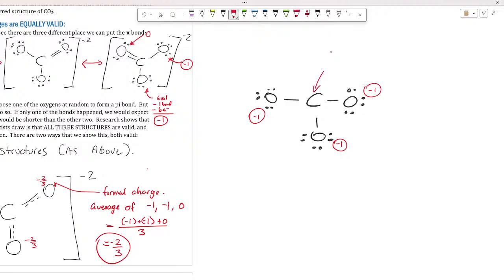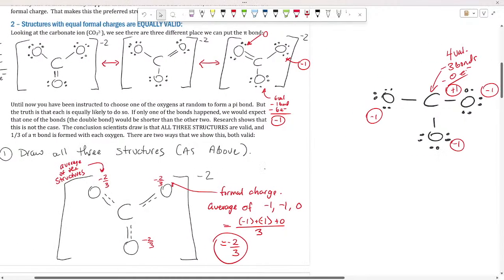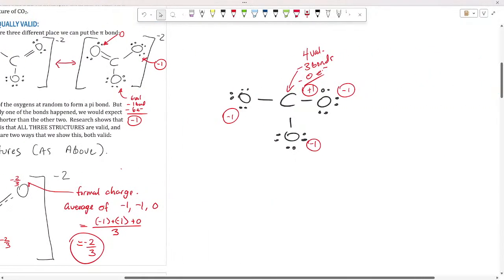Carbon has a valence of 4. How many bonds is it making? 3. How many lone electrons does it have? 2. For a total of +1. That's a possible structure, but it's got more formal charges than any of these do, so we can ignore it. Does that make sense?